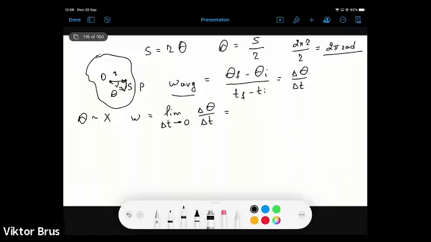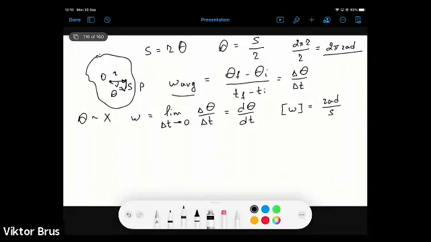That is the first derivative of angle theta over time, d theta over dt. The units for angular velocity, omega, are radians per second.